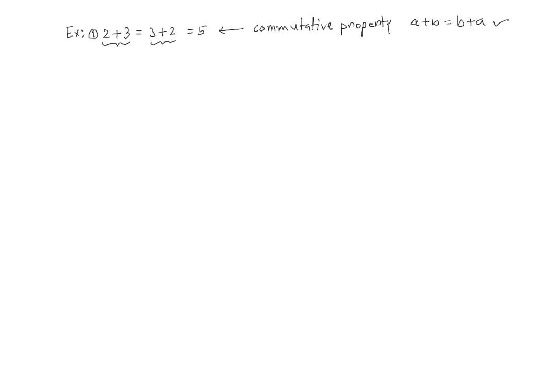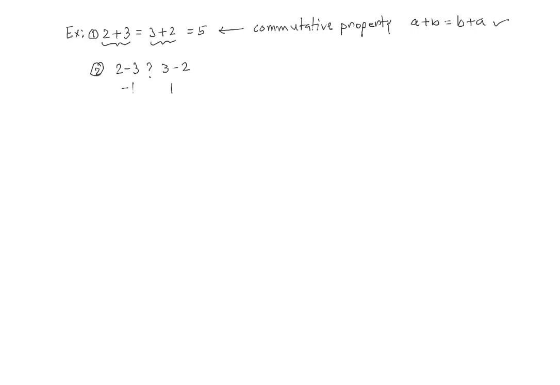However, this example doesn't check. If I say 2 minus 3 and 3 minus 2, are they equal? The answer is no, because 2 minus 3 is negative 1, while 3 minus 2 is positive 1.